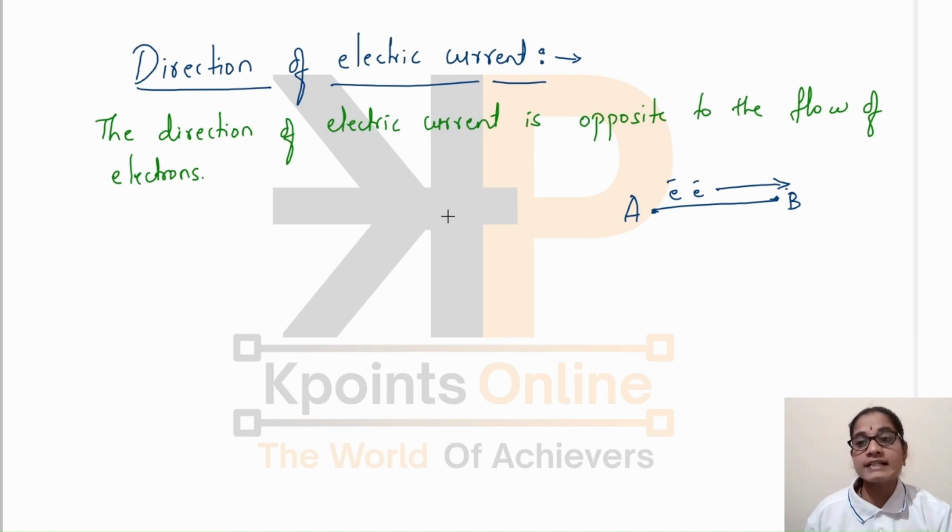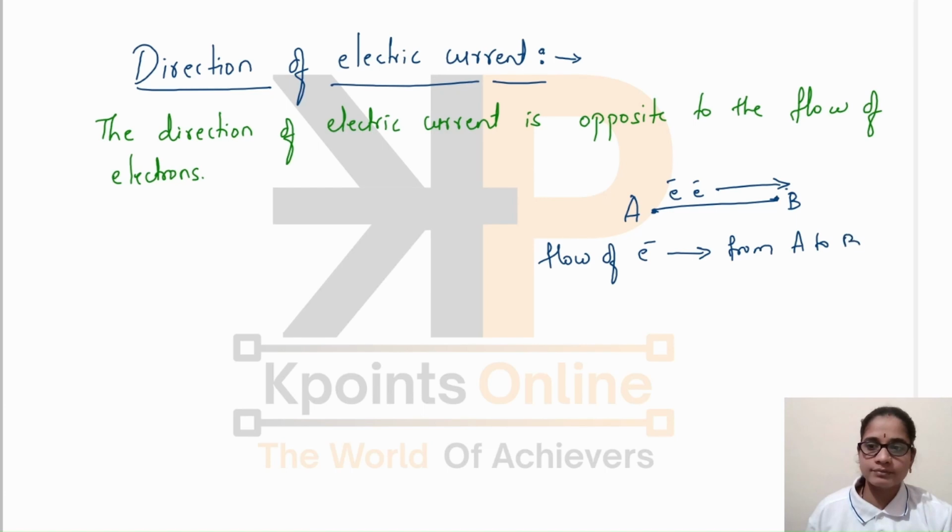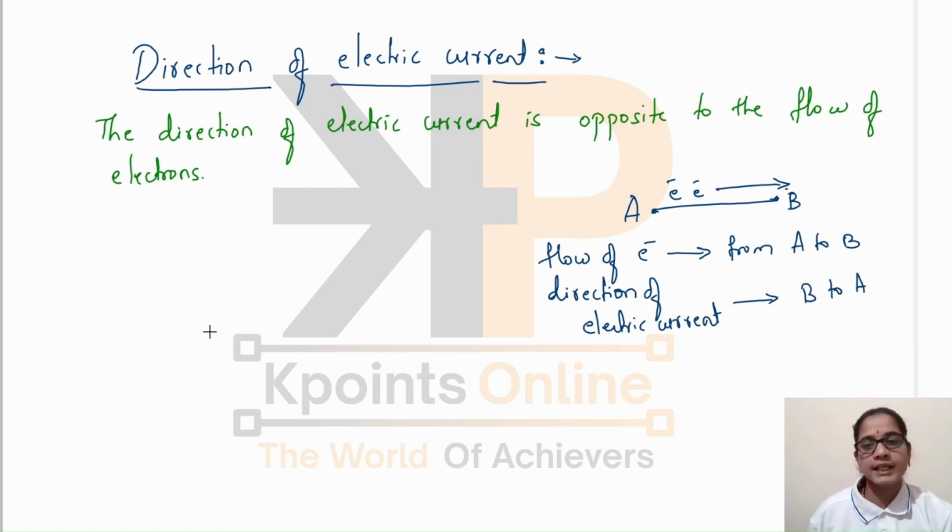Now the direction of current is said to be B to A. Flow of electrons from A to B. If anybody asks you what is the direction of electric current here, we have to say the direction of electric current is B to A, because the direction of electric current is opposite to the direction of flow of electrons.